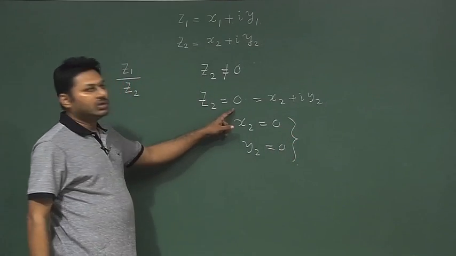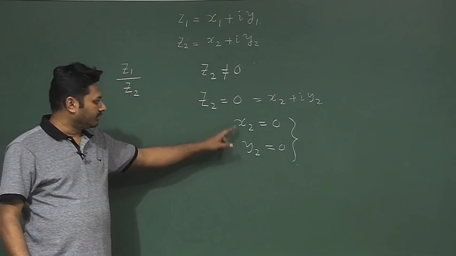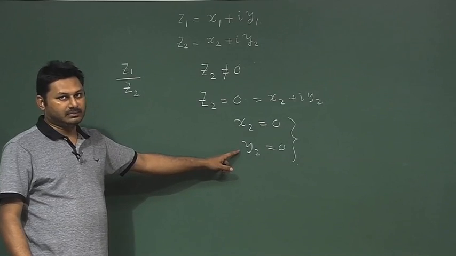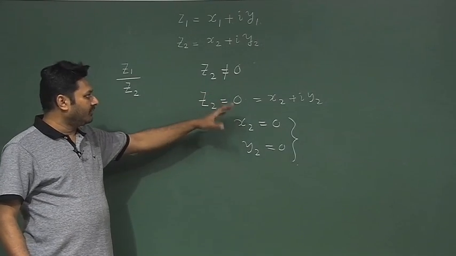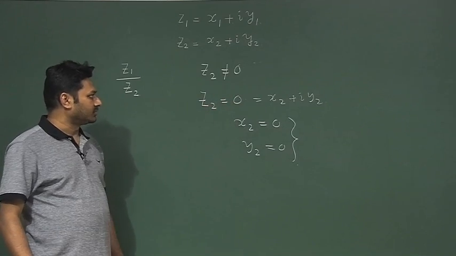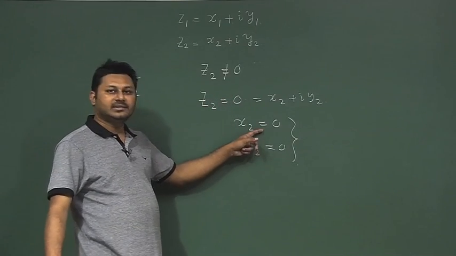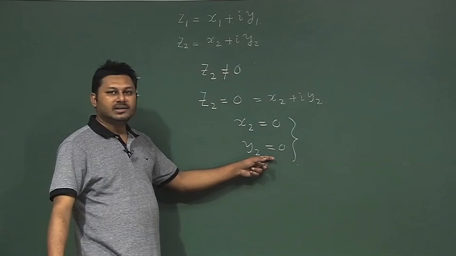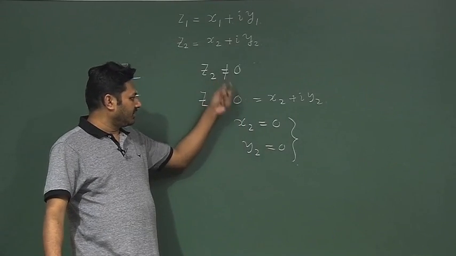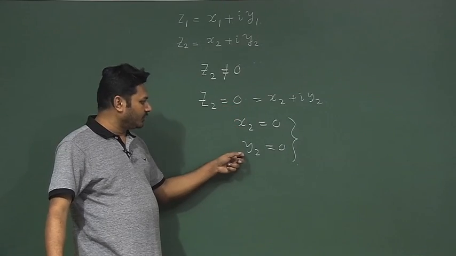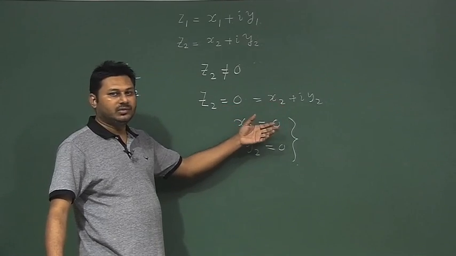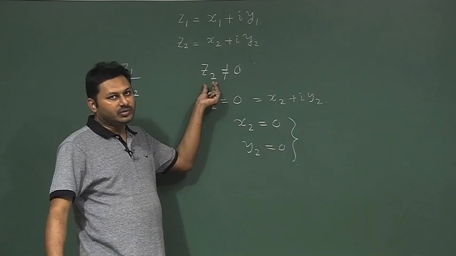If it is 0, then the real and imaginary parts are both 0 separately. So, if it is non-zero, that means at least one of them is not equal to 0. If any one is not equal to 0, then I can say z2 is not equal to 0.